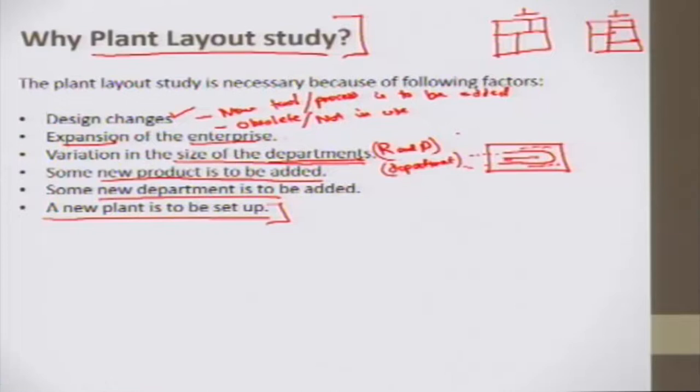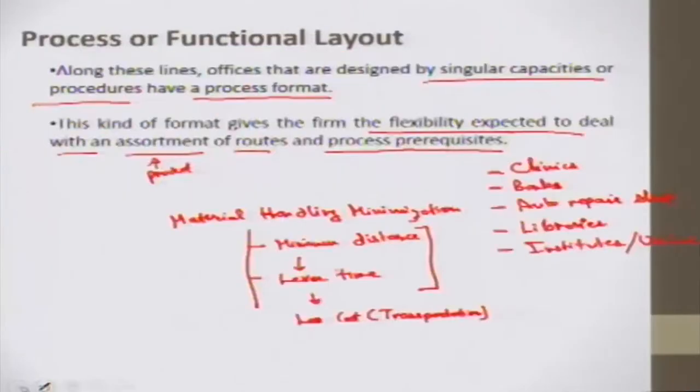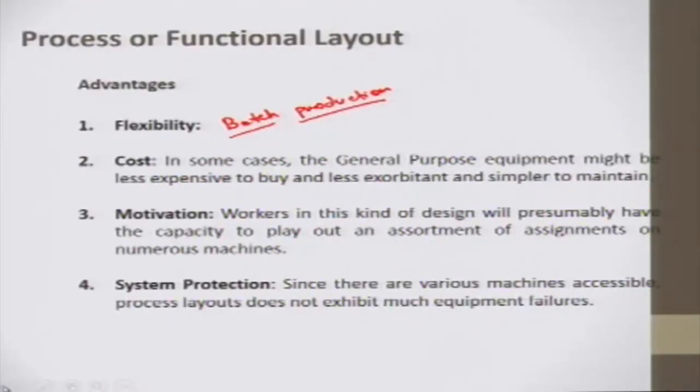As I have just discussed in why plant layout study is required, the variation in size of department, in product design changes or some new product is to be added, this process layout offers best flexibility, because we'll see in product layout or line layout that putting even one machine into the line would demand relocation of all other machines. So the flexibility is very high here.